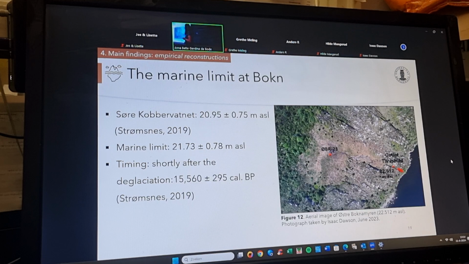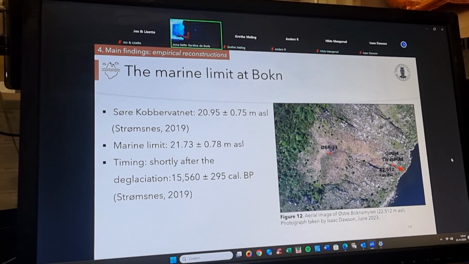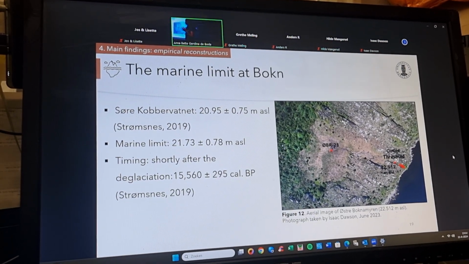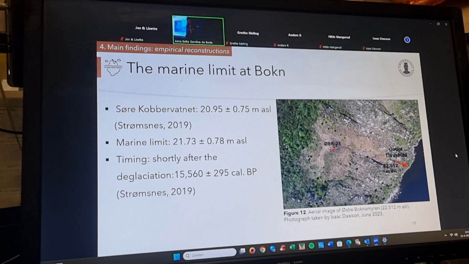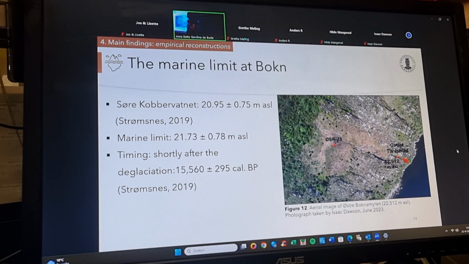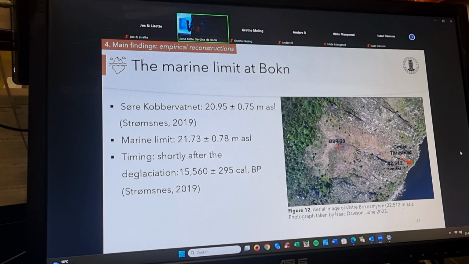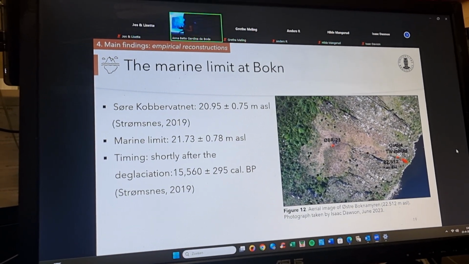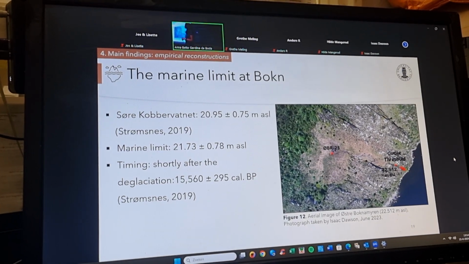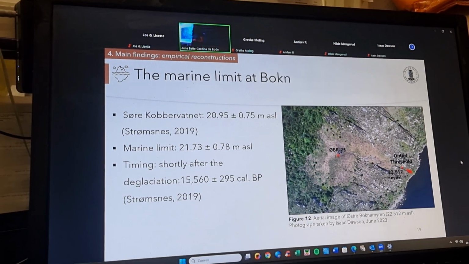So we went to a bog that has an outlet threshold of 22.5 meters above present day sea level, and we saw that there was no marine input in that basin. So we could constrain the maximum of the marine limit, and the average becomes 21.73 meters at present. So this was very nice.